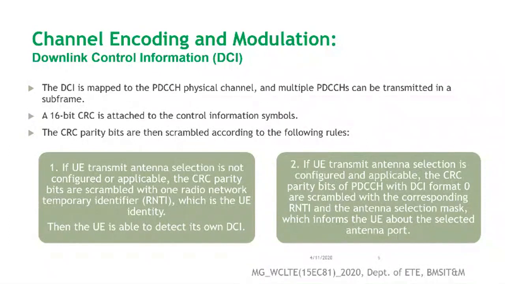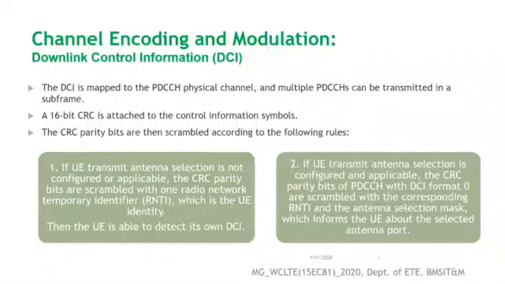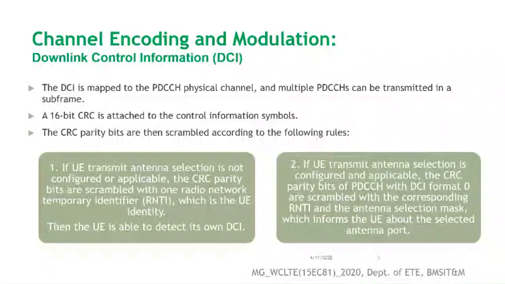First, if the user equipment transmit antenna selection is not configured or it is not applicable, then the CRC parity bits are scrambled with one radio network temporary identifier. We call that RNTI, which is the user equipment identity.